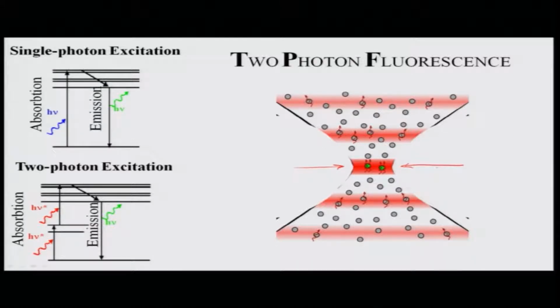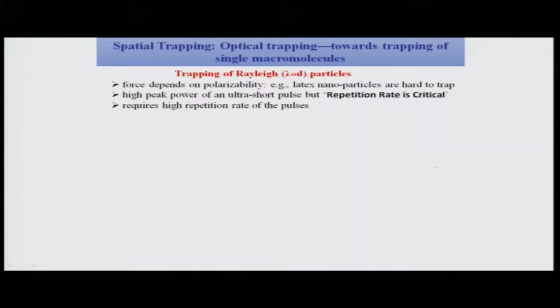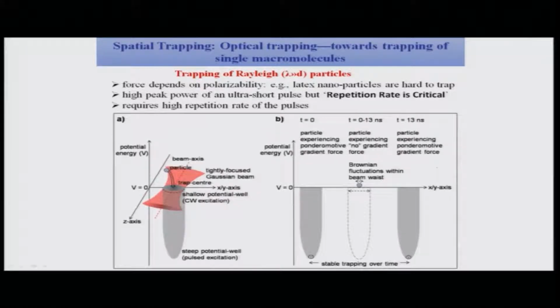In every other place the 2 photon fluorescence signal is not possible to be generated, and so the focal plane wherein the particle gets trapped is easily detected. So, spatial trapping with the help of optical pulses can be utilized towards trapping smaller and smaller particles.